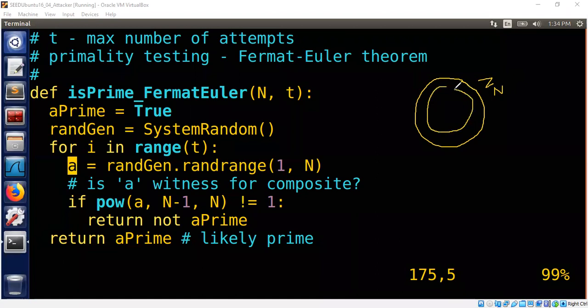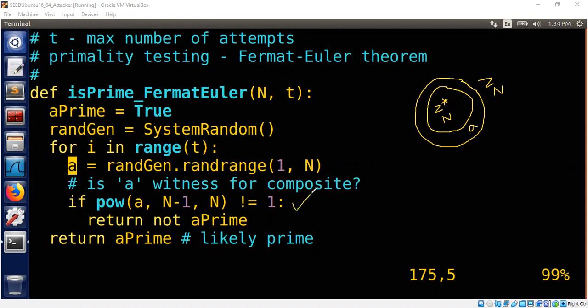That subset is called Zn star because it's made of numbers from 1 through n minus 1 that are relatively prime to n. Those are the numbers of Z star n. Suppose you take an element a here. Let's assume a is an element here, which means it belongs to Zn but does not belong to Z star n. That's why I put it outside. I claim this a will satisfy this property.